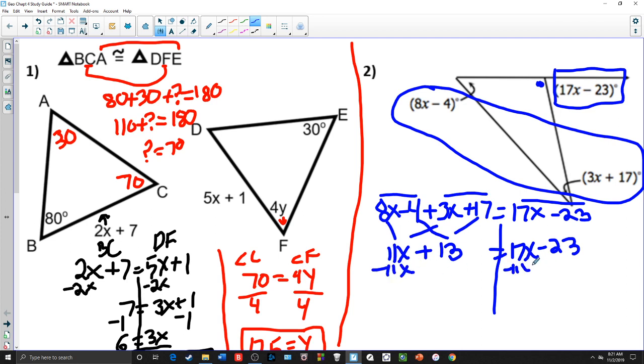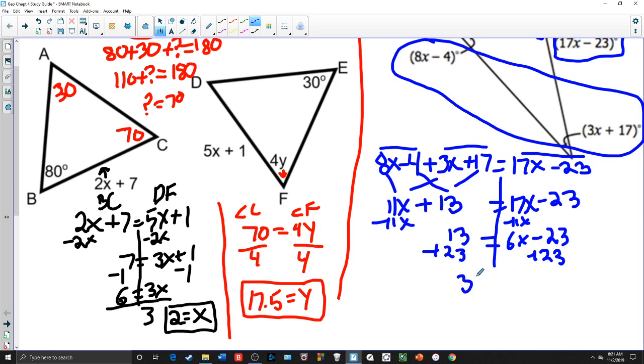We get 13 is equal to 6x minus 23. We add 23 to both sides, and we get 36 equals 6x. Divide by 6. And we get 6 is equal to x. Just solving the equation through there.